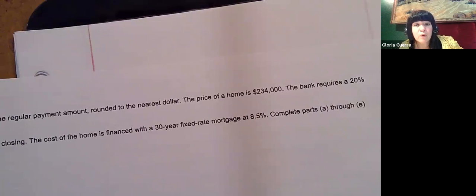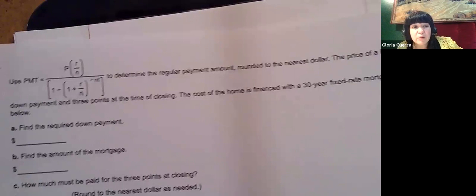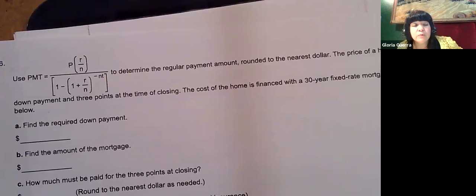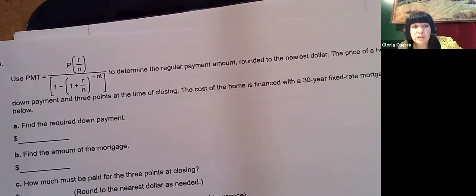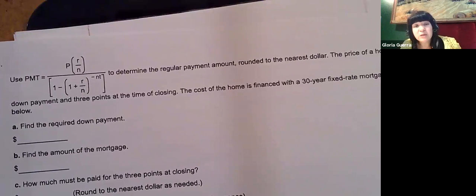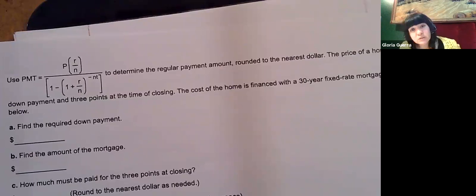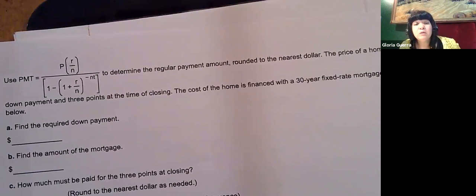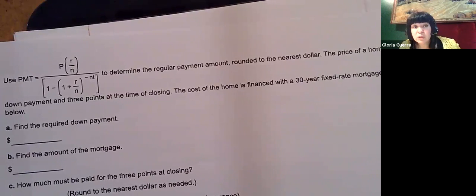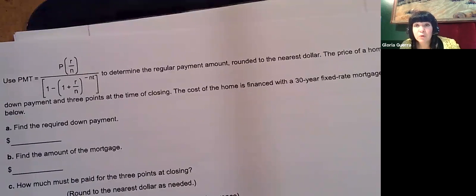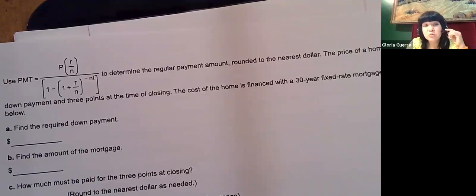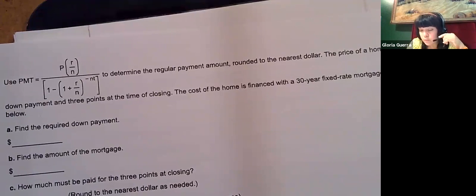$234,000 home. The bank requires a 20% down payment, and the down payment goes to the seller, right? But then the lending institution is going to charge you 3 points at time of closing. Those 3 points are like 3 divided by 100, so it's 0.03.